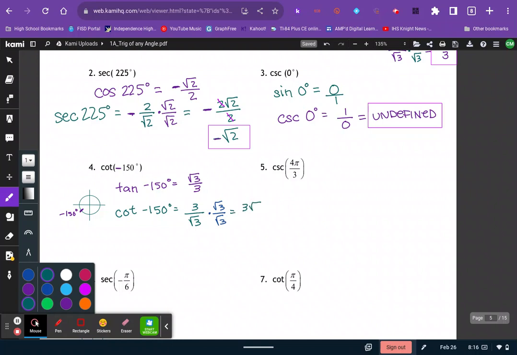I get 3 on the square root of 3 over 3. Do not leave your answer this way because those 3's need to be canceled out. So cotangent of negative 150 is square root of 3.